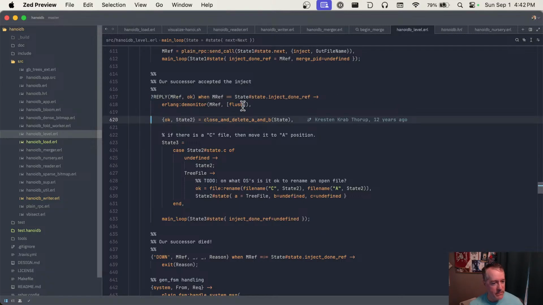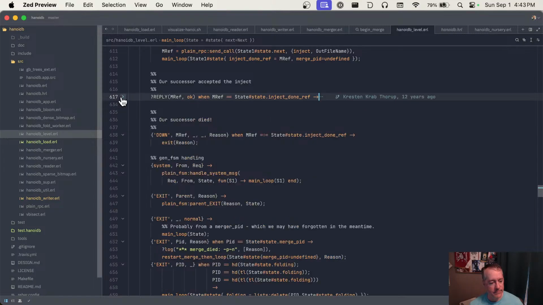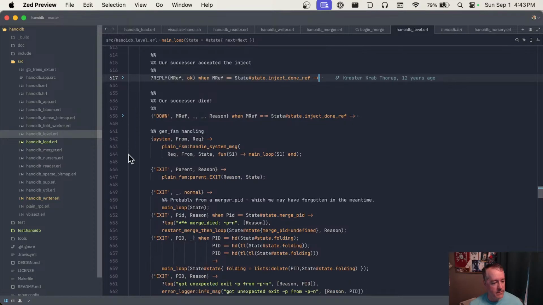Then we have stuff here about moving the files after the merged file has been accepted by a deeper level. Okay.